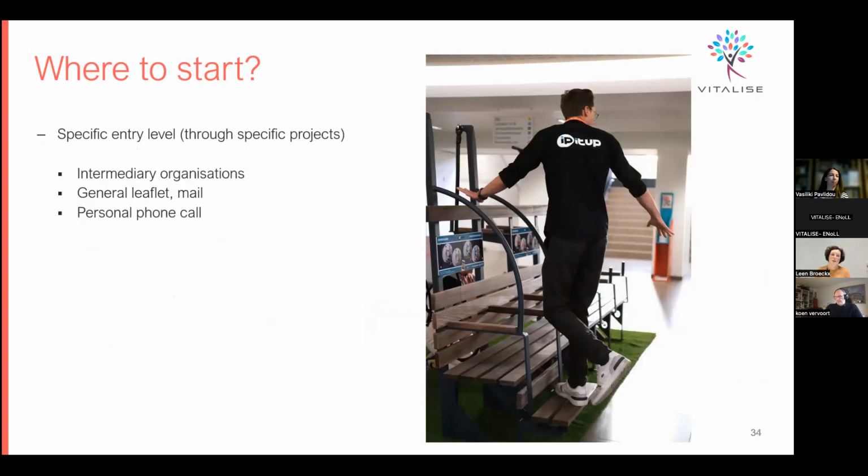But you can also start on a specific entry level through specific projects. As I told you before, if we want to involve more vulnerable target groups like people with a migration background or people with more specific social needs, then we go out and connect with intermediary organizations. We also make a general leaflet, so we can leave it.